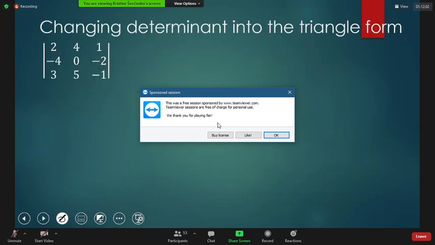So how we change the determinant into triangle form. One thing is that we should make zeros below the main diagonal.